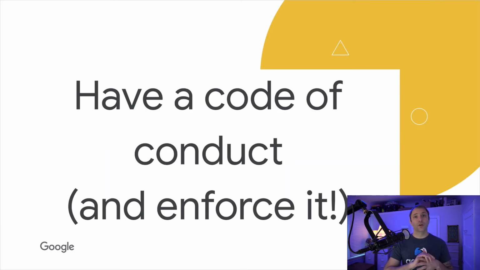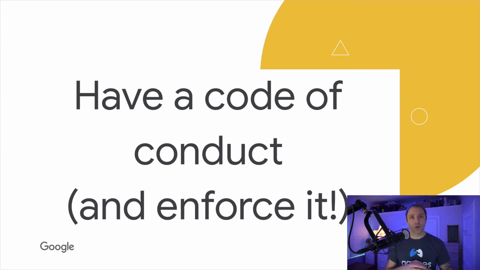So first things first, have a code of conduct and enforce it. This is hugely important. Having a good, healthy, inclusive culture for your open source project is hugely important because it matters to the people who are coming and means that people are willing to come and engage on your project over a long period of time. The vast majority of people who are going to be coming to open source are doing this for free, essentially, right?